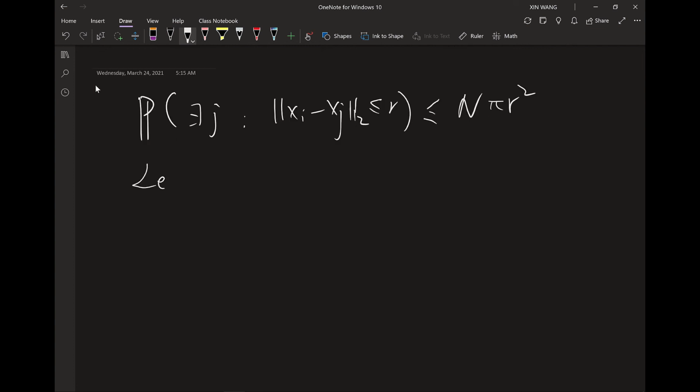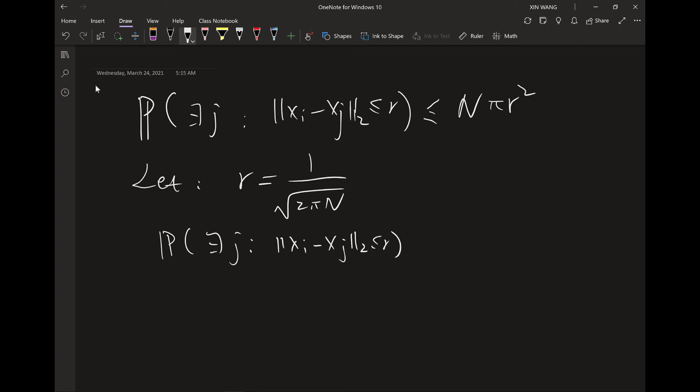So we choose a specific value of r, and then we can obtain that the probability that some node is in this neighborhood is smaller than or equal to a half.